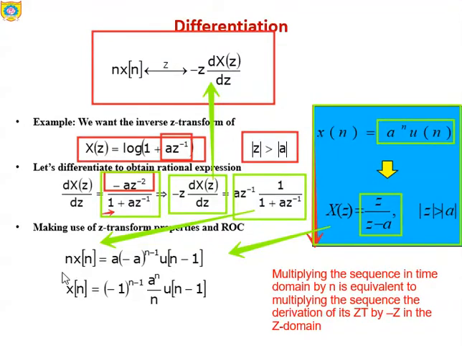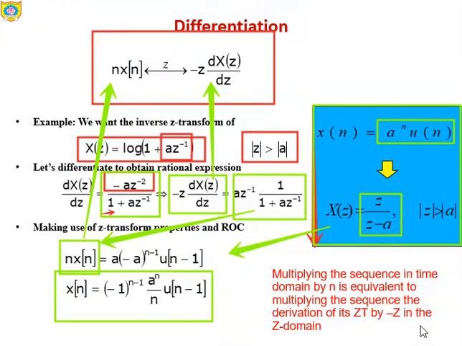Once we get n times x of n, which is shown over here as the left hand side of the differentiation property, just divide this n to the right hand side, so as to get x of n, which is provided over here.